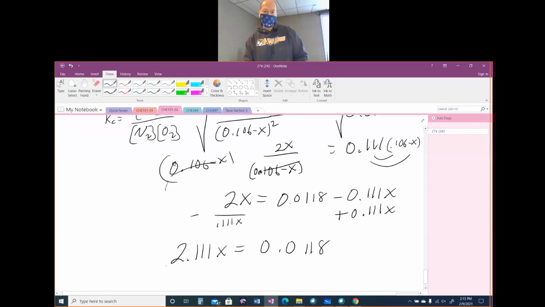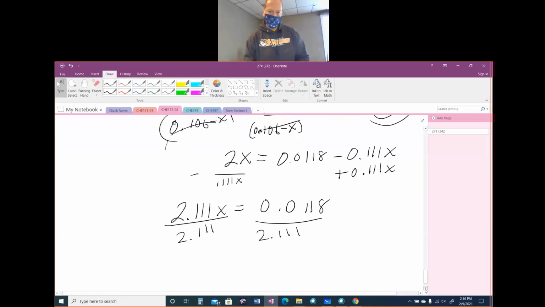To get x by itself, divide by 2.111, and you get your answer. So x is equal to 0.00557.